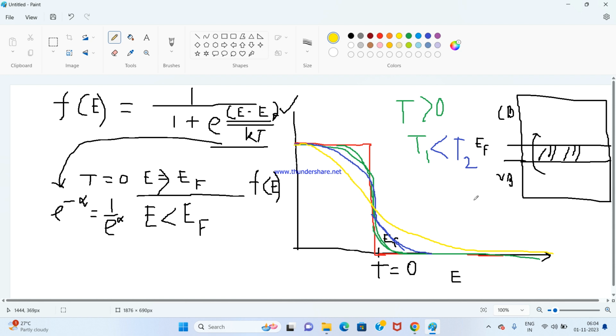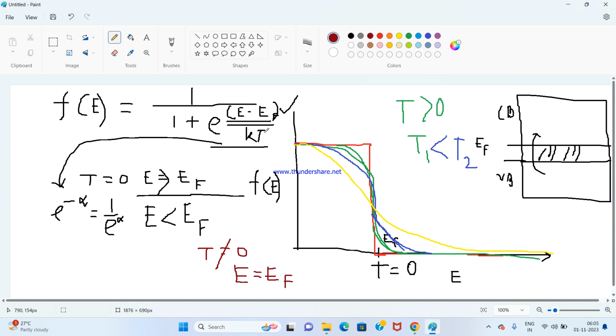Got it? Now for any temperature which is greater than 0, but the energy level is at Fermi energy, that means another condition, say T is not equal to 0, but the energy of the metal is at Fermi energy, that means E is equal to EF, then what should be the value of the distribution function?